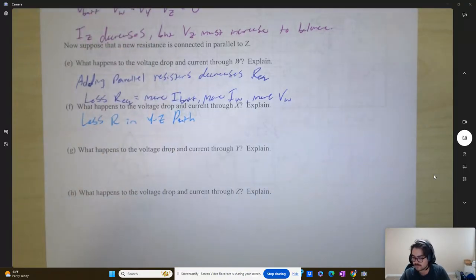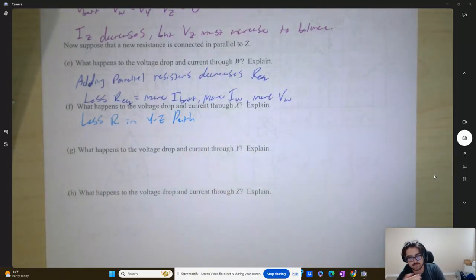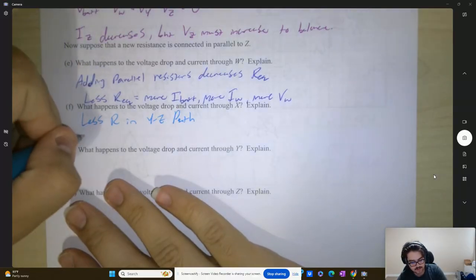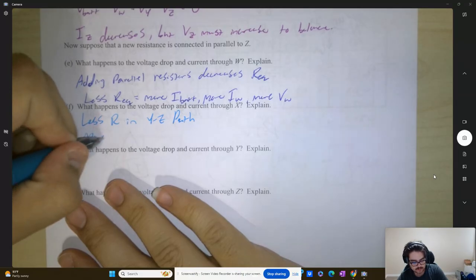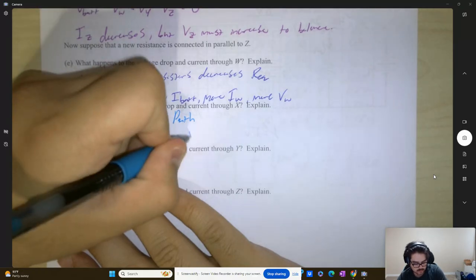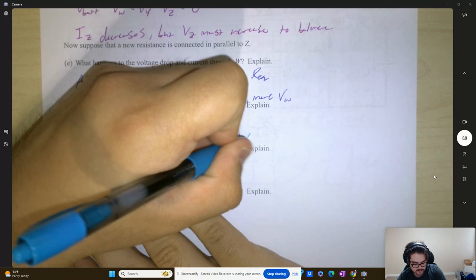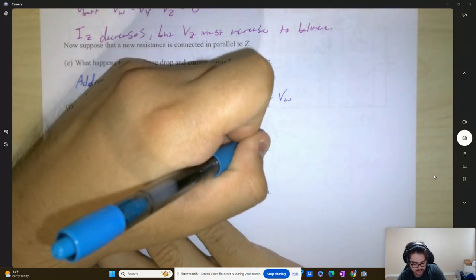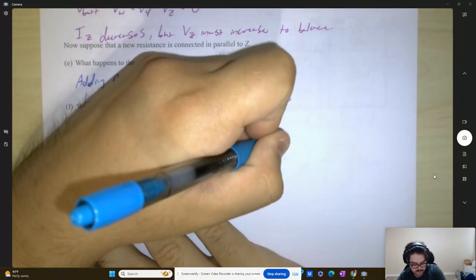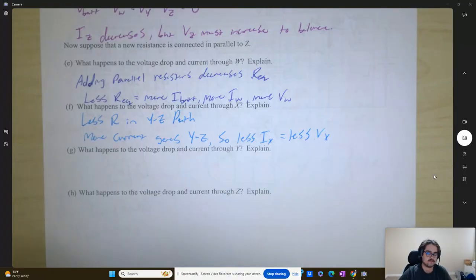So more current is going to go through the YZ path, meaning that X is now the path of more resistance. So more current goes YZ, so less IX and less VX.